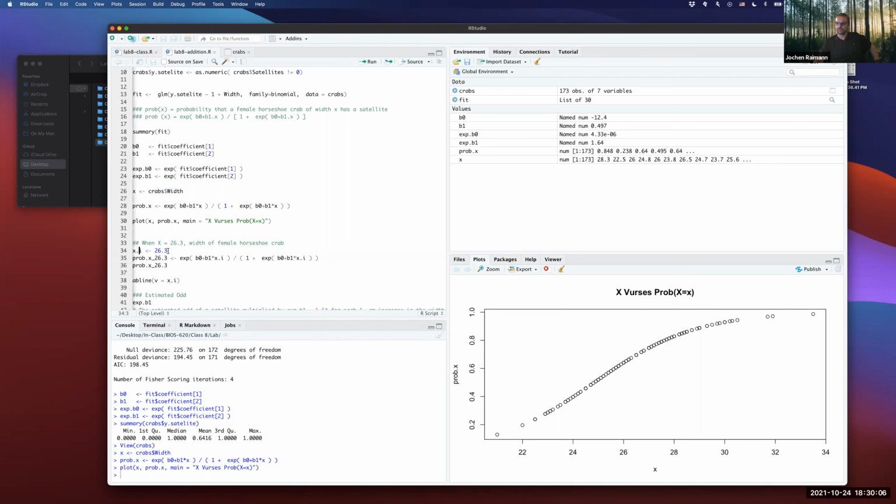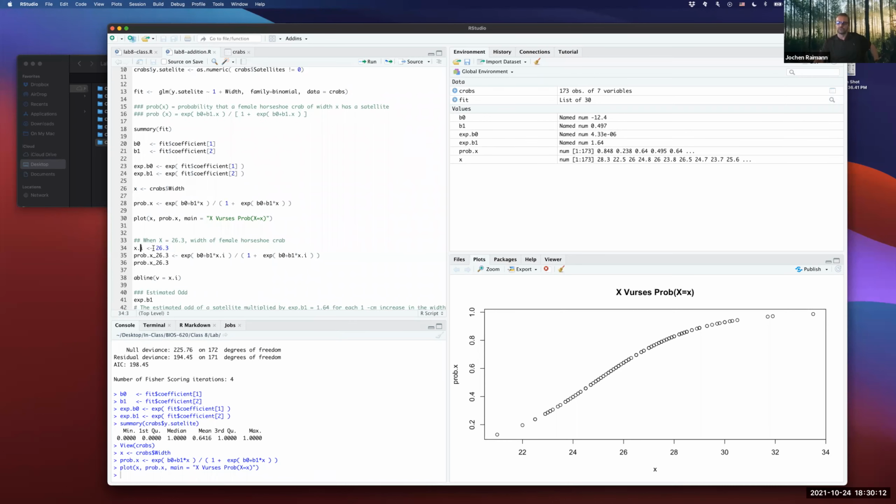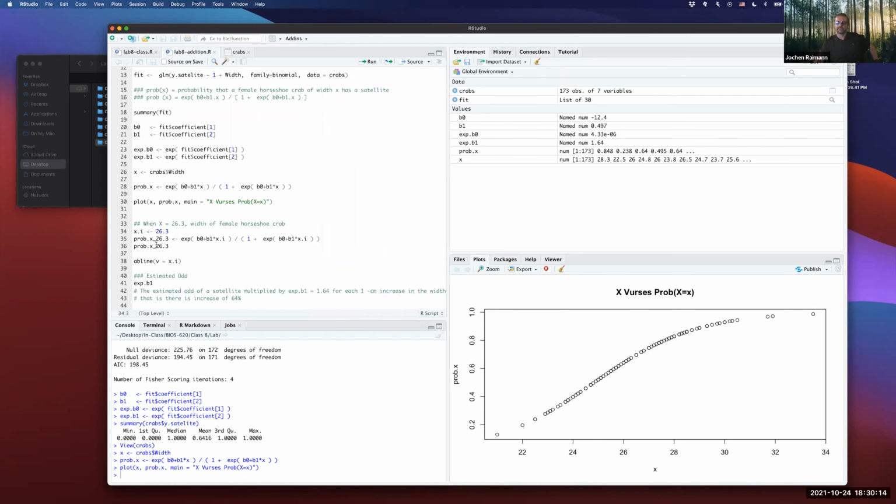So this is now the calculation, and I alluded to that earlier when I talked about how you can use this to calculate the odds ratios, right? When you want to calculate an example for one individual, you have the xi, which is 26.3.